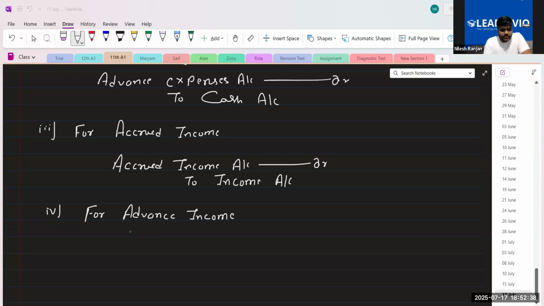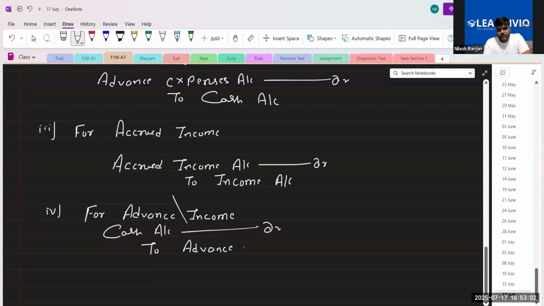So for advance income, it is cash account debit to advance income account.